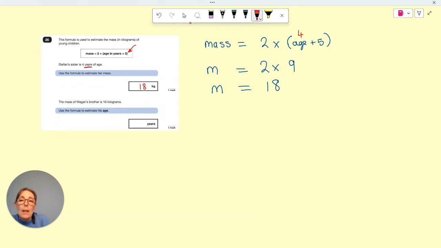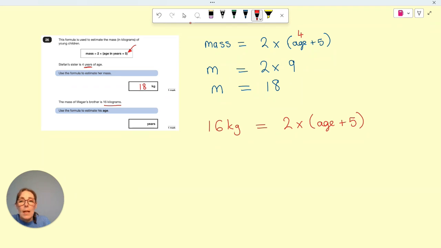But the mass of Megan's brother is 16 kilograms. Okay. So we've actually been given the mass. So Megan's brother is 16 kilograms is equal to 2 times his age plus 5.